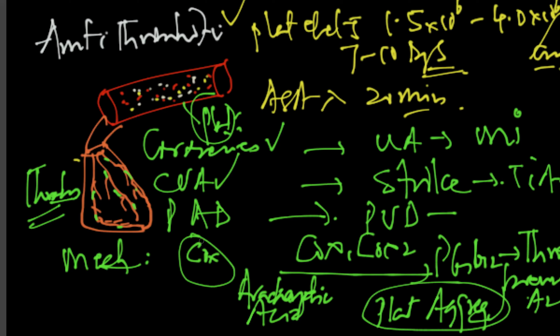And same thing happens with the peripheral vascular disease. So these are abnormal entities where the thrombi are forming, and that's why we need an anti-platelet agent or an anti-thrombotic agent, which will work on cyclooxygenase and therefore prevent the conversion of arachidonic acid to prostaglandin G2. Now, prostaglandin G2 is responsible for forming thromboxane A2, so that is inhibited.